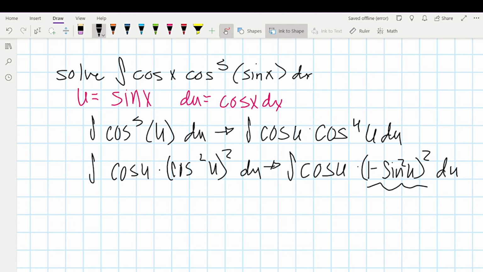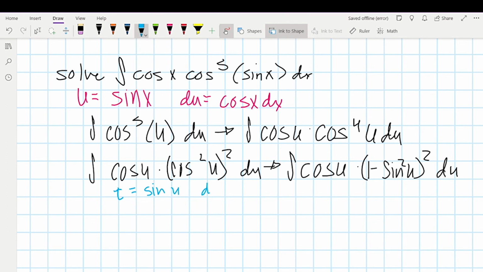And this is a Pythagorean identity. So now we can go ahead and do another substitution so that we can cancel one of these out. And the substitution we're going to make, we'll use t as our variable, and we will make t sine x, or sine of u, since we changed our variable.